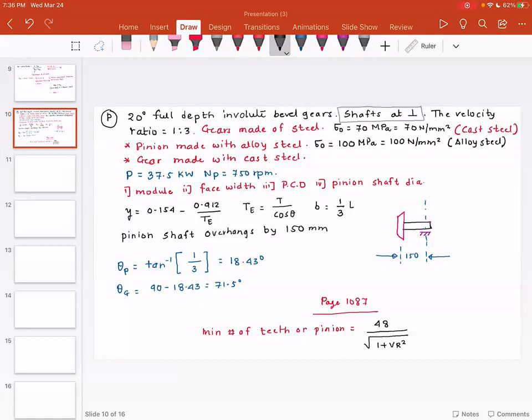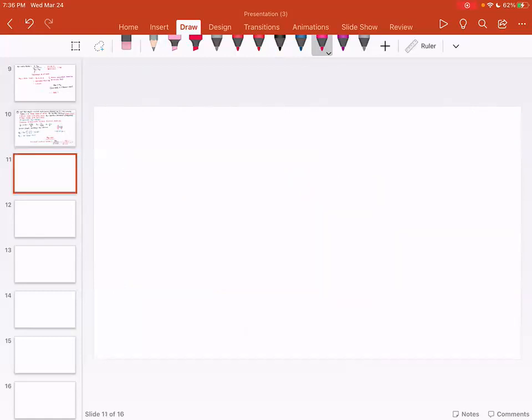So if you substitute the values for this problem, this becomes 48 divided by square root of 1 plus 9, since VR is 3. Square root of 10 is about 3.4. So this becomes about 15.